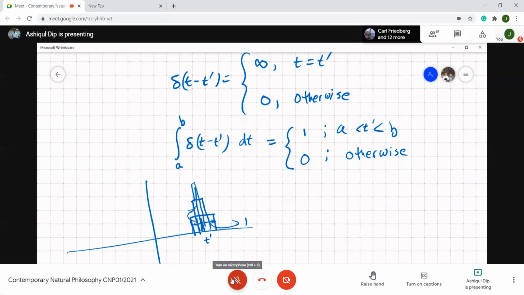Okay, so it has area 1 and it gives you infinity at one specific point, and otherwise it gives you 0. Mathematically speaking, mathematicians don't call it a function. They call it a distribution. But to physicists, it's a well-defined function, and we know how to deal with this kind of thing.